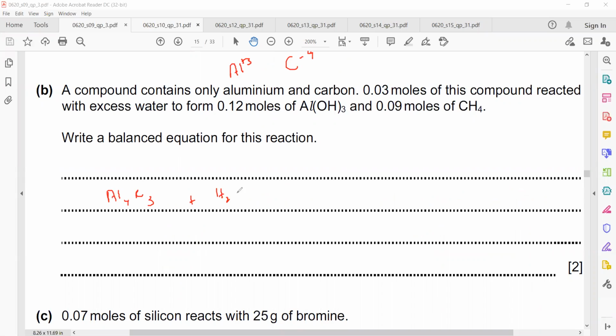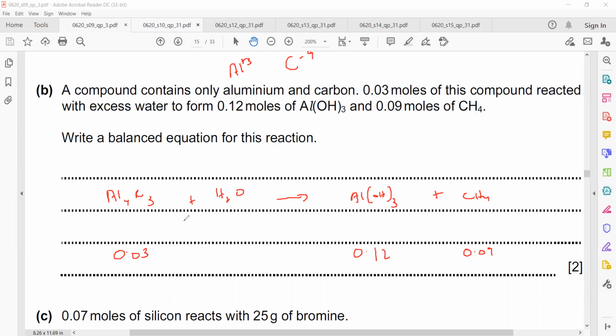It reacted with water to form Al(OH)3 plus methane. So they mentioned we were having 0.03 moles of this compound. It forms 0.12 moles of aluminum hydroxide and 0.09 moles of methane.